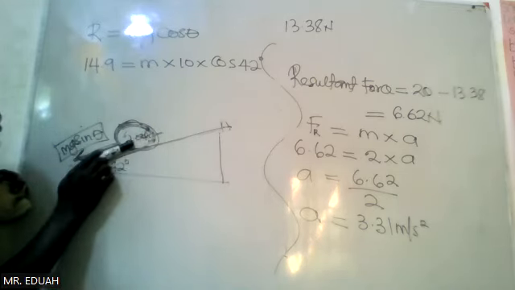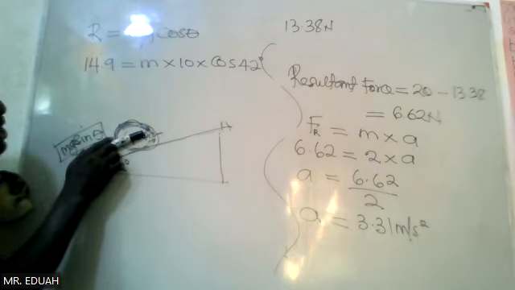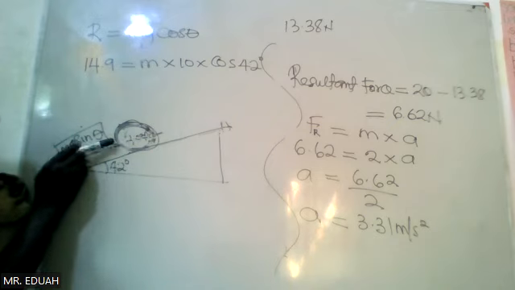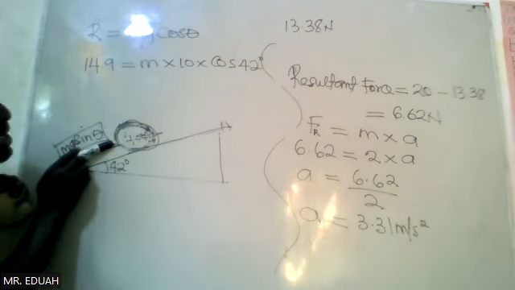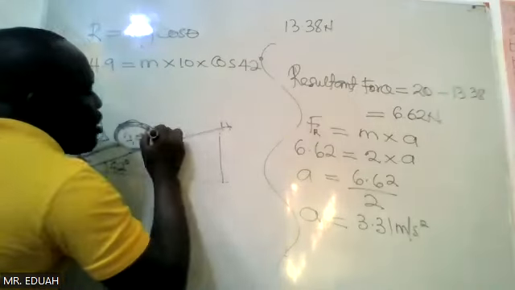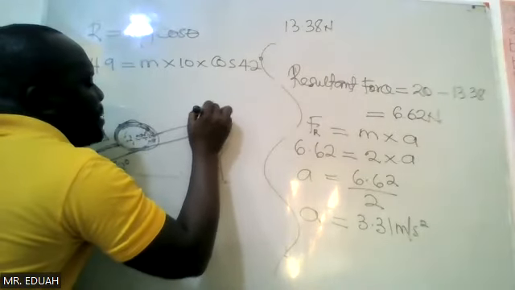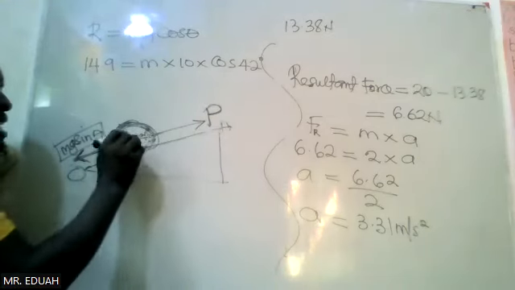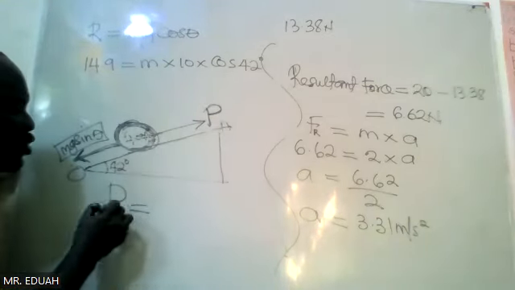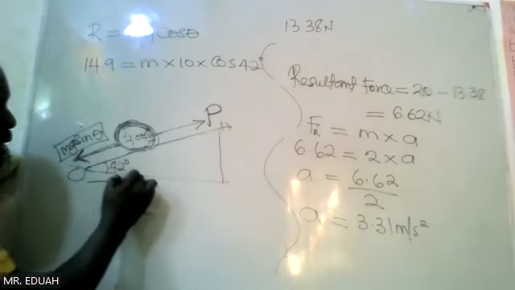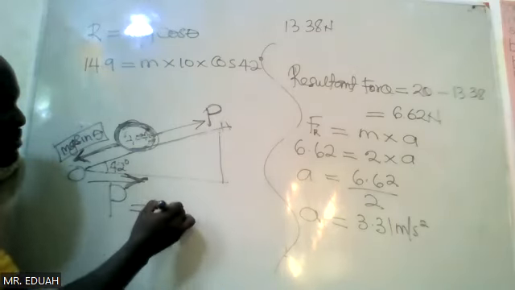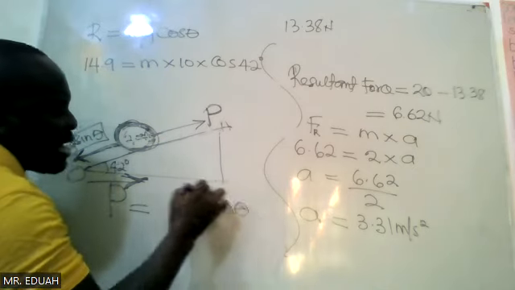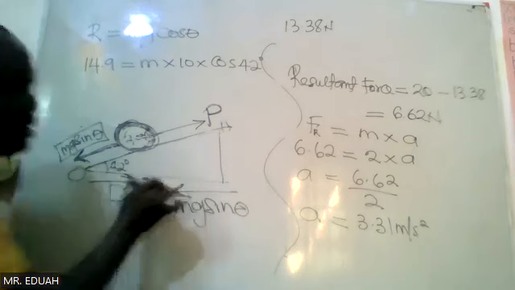If you are looking for a force which will keep this body at rest, we must support it with some force in the opposite direction, and that's why we are representing that by P. For this to be stationary, P acting up the plane must be equal to mg sine theta acting down the plane.